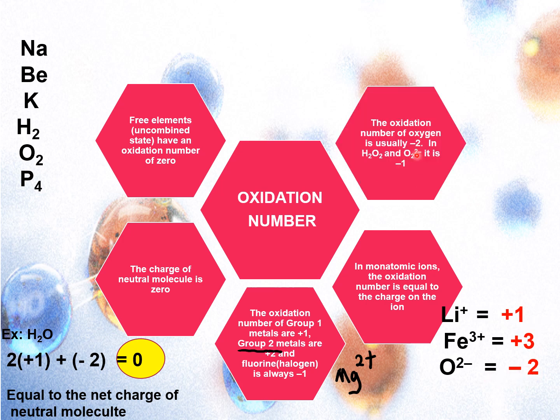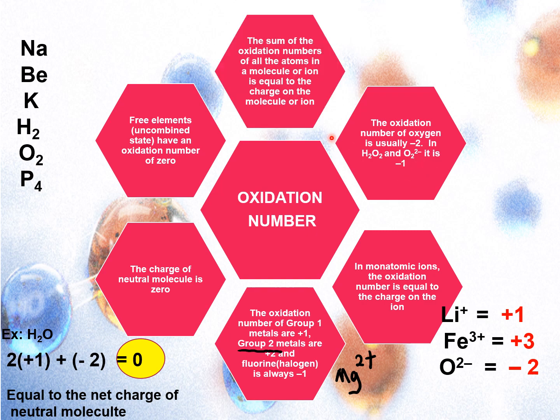Next, the oxidation number of oxygen is usually negative 2, except in hydrogen peroxide and the peroxide ion, where oxygen has negative 1. The last one: the sum of the oxidation numbers of all the atoms in a molecule or ion is equal to the charge on the molecule or ion. As an example, the ammonium ion NH4+. The total charge is positive 1, as stated in the symbol.